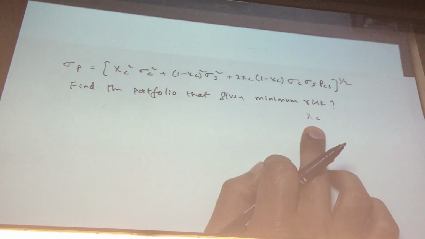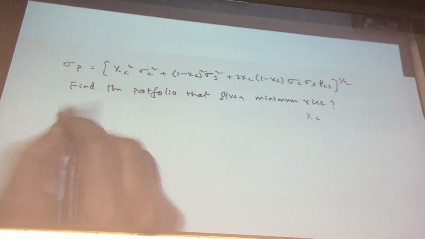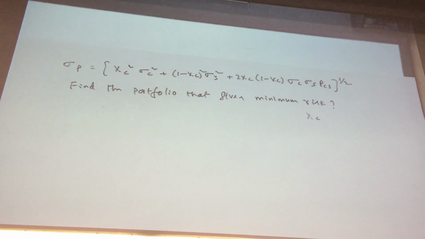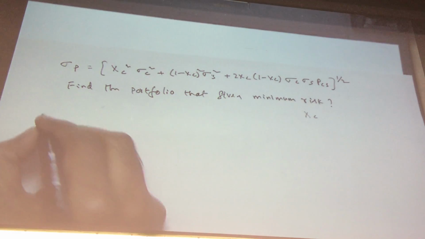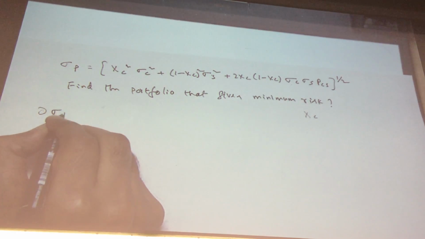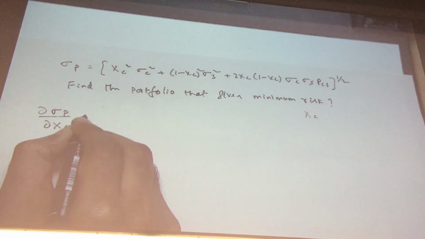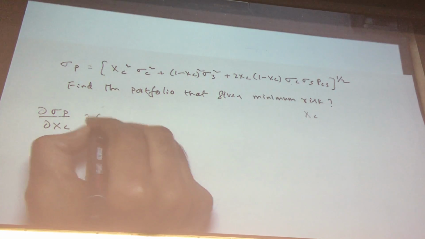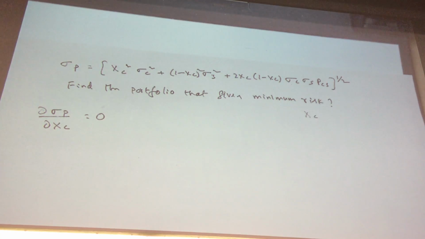Sigma p depends on many things, but we are allowed to adjust only xc, because that is what defines the portfolio. So you need to find dou sigma p by dou xc: the derivative of the standard deviation with respect to xc, equated to 0. While solving that equation, I get the actual value for xc.